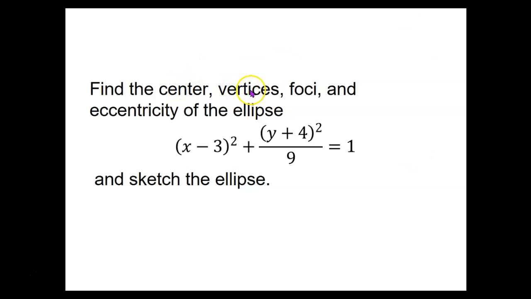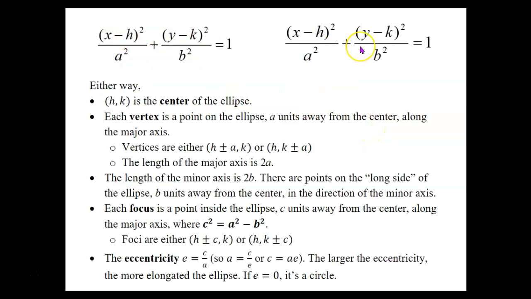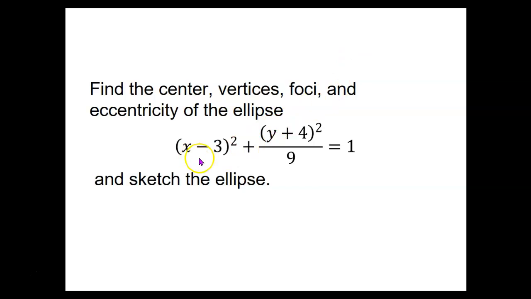Find the center, vertices, foci, and eccentricity of the ellipse (x minus 3) squared plus (y plus 4) squared over 9 equals 1, and sketch the ellipse. Now this right here does look like the kind of equation we were just looking at, except there isn't a number under the (x minus 3) squared, but we can think of it as (x minus 3) squared over 1.